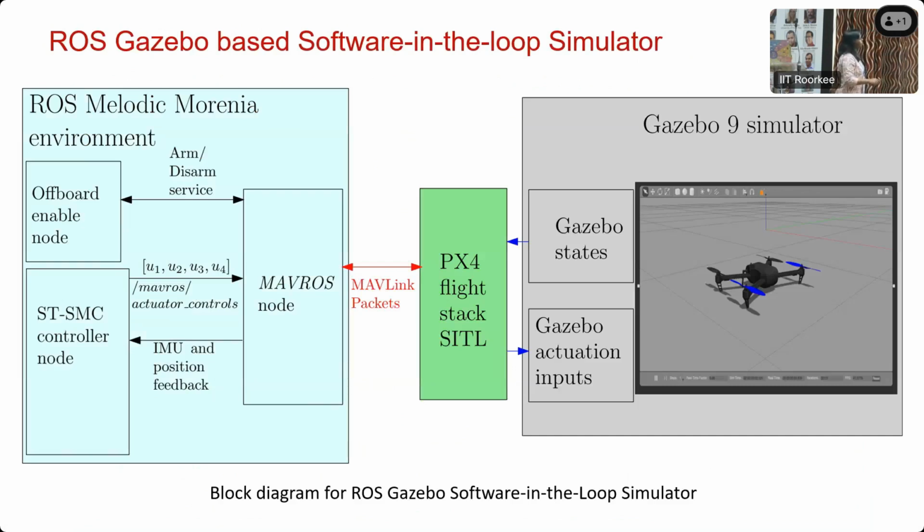Basically we have this model over here, and using those states, we have generated a ROS topic on which the super twisting sliding mode controller is calculated, and that ROS packet is communicated to this ROS node, and that goes to this PX4 flight stack using MAVLink packets, and then that gives the control input to the quad rotor.